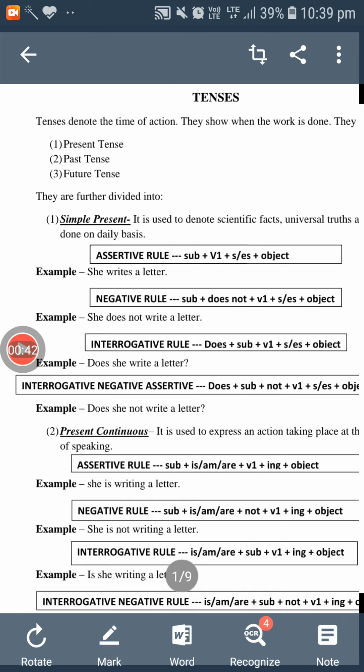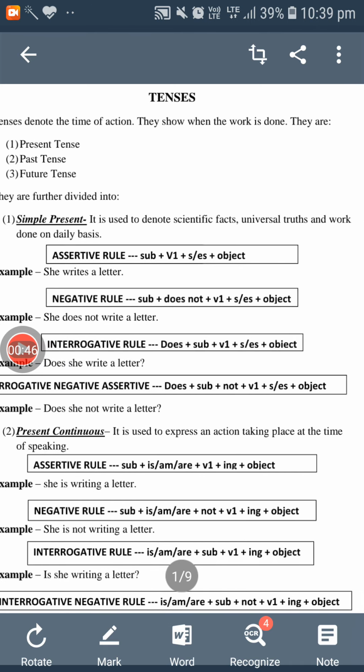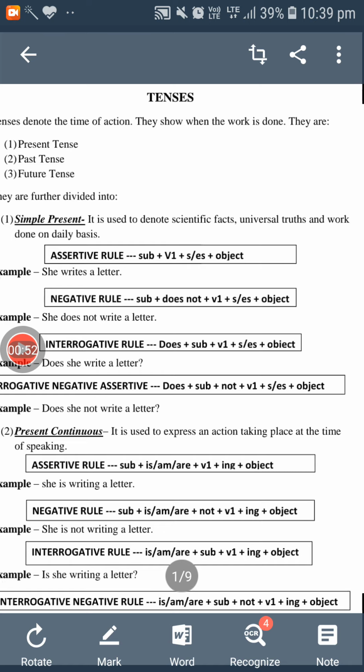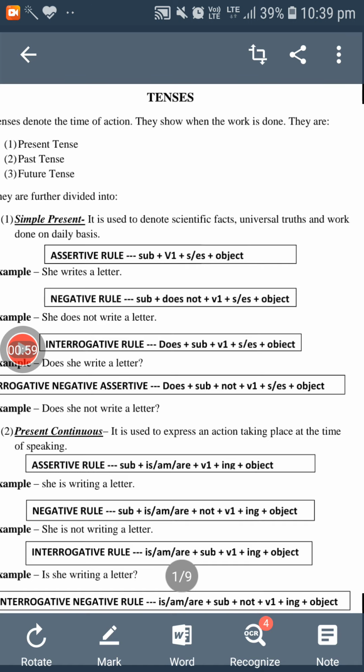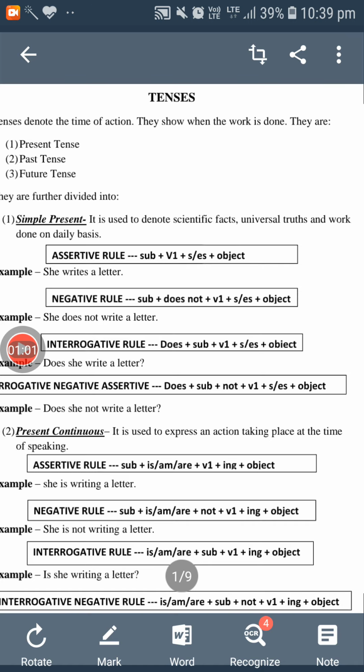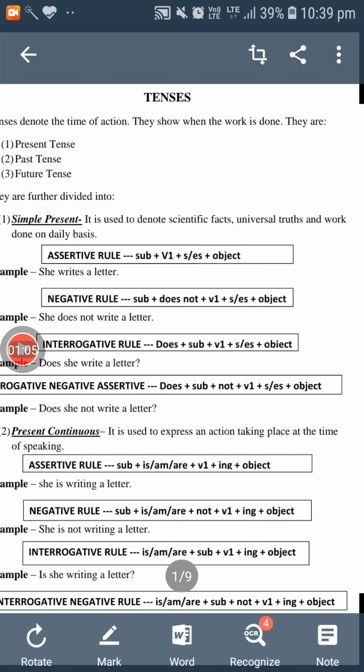In short, let's begin with simple present tense. It is used to denote scientific facts, universal truths and work done on a daily basis. It also denotes the timetable and objectives which you have to do. For the assertive rule, we have subject plus verb plus s and es plus object.